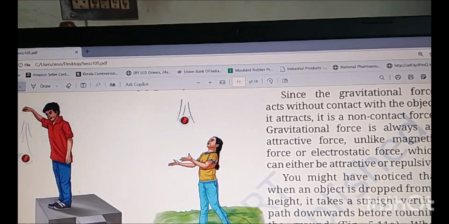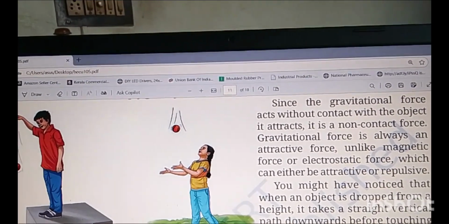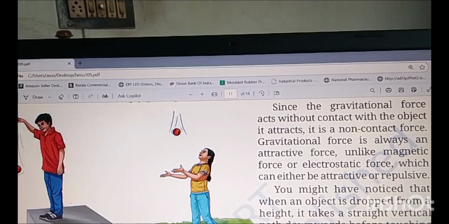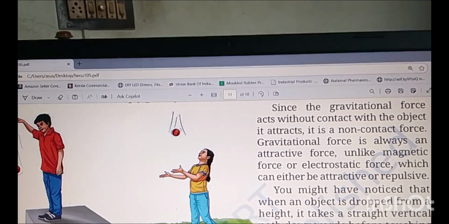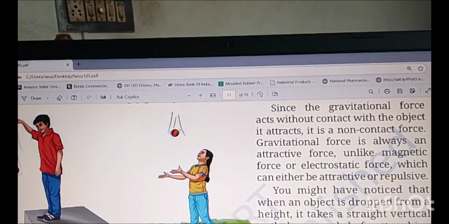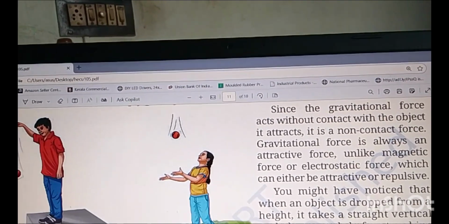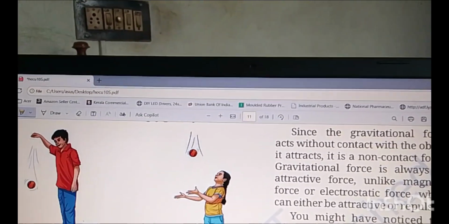Then it reaches the peak point and stops there momentarily, for some time, and gradually it comes down. So it follows a vertical path downwards.